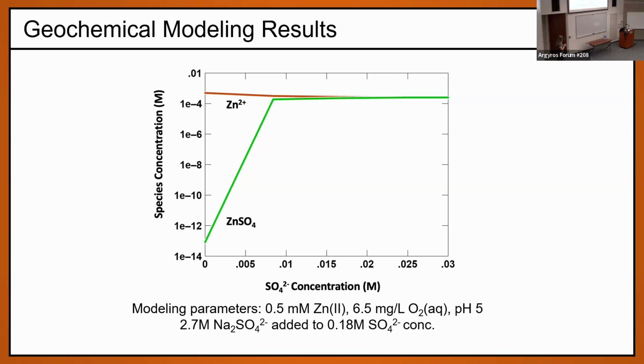From here, we see that zinc sulfate increases in concentration to about below 0.01 molar sulfate, and it stabilizes at that point. The main thing to take away is that our free zinc ion is at the same concentration as zinc sulfate by 0.01 molar sulfate, meaning that we should be looking out for zinc sulfate interactions in our EXAFS results as a significant interaction.